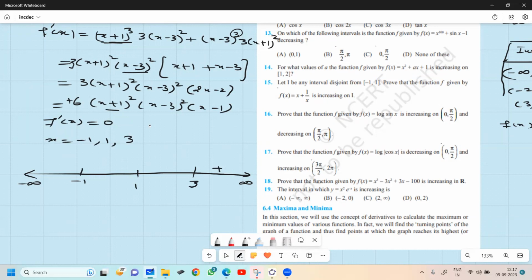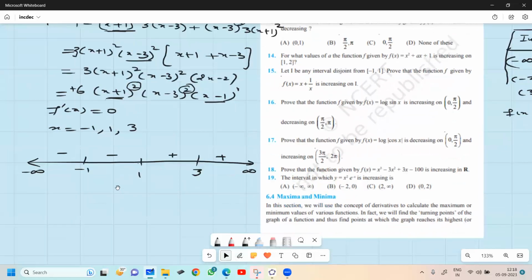Now, at 3, what is the sign over there? Even. So at 3, if the right side is positive, this side will also be positive. At 1, x minus 1, power is odd. So if it is plus over here, this will be minus over here. Now at minus 1, this is x plus 1, power is even, so the sign will remain the same, so this side is also negative.